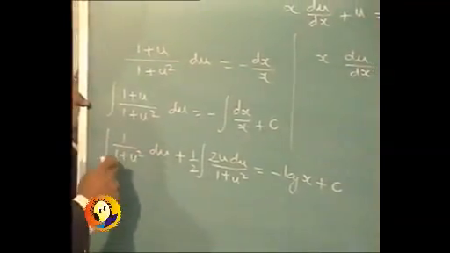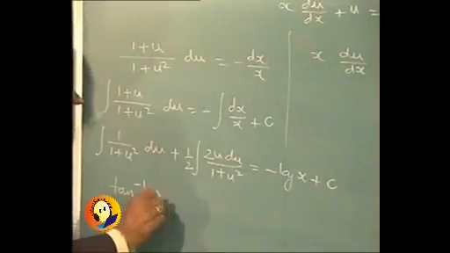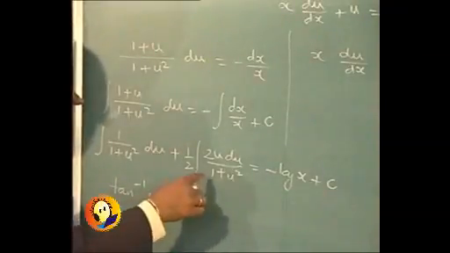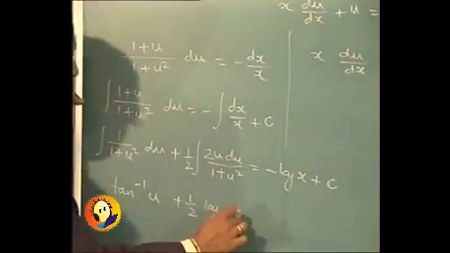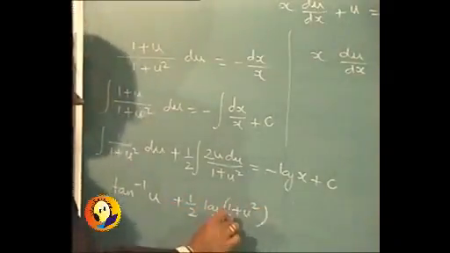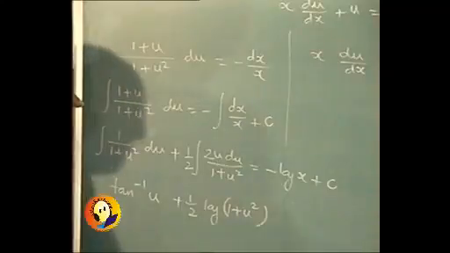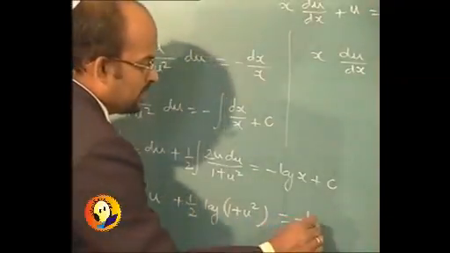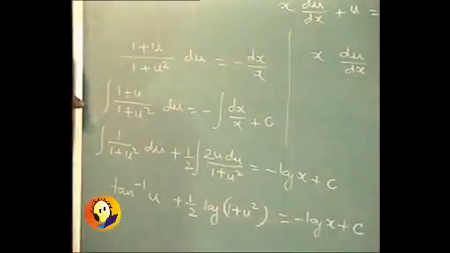Integral du upon 1 plus u square is nothing but tan inverse u, plus the second term, it is half log of 1 plus u square. It is the same formula: integral f dash x upon fx dx is nothing but log of fx, equal to minus log x plus constant of integration.